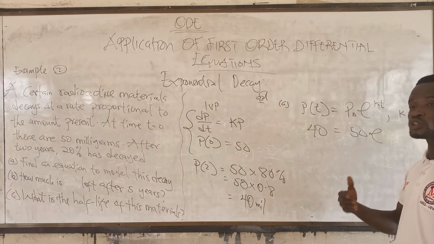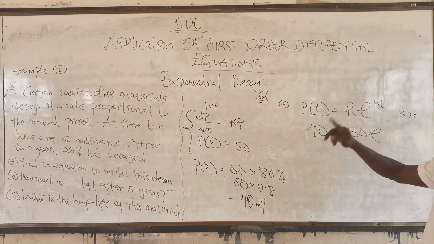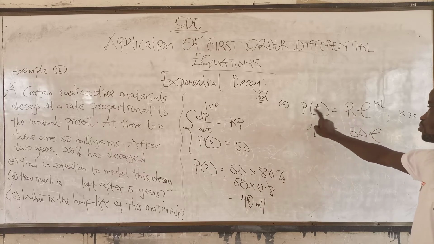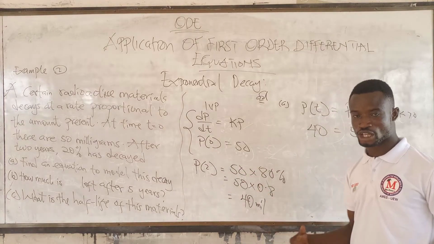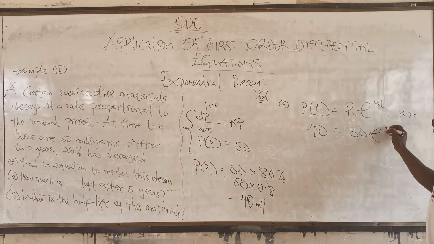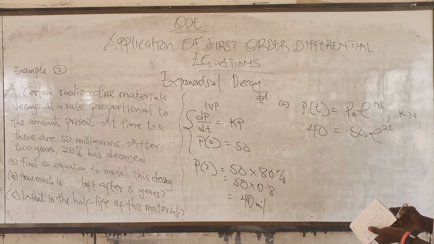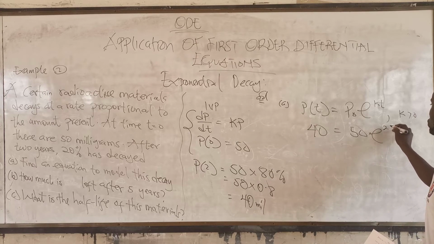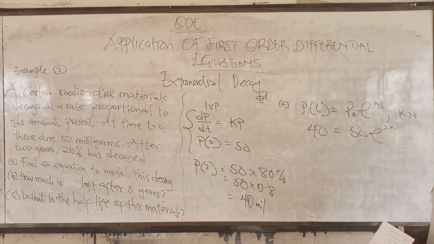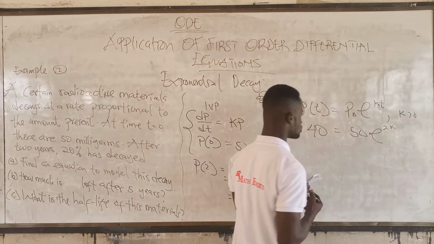And before you can get this K, you need to get P naught, P of T, and T. So here we know that T will be after 2 years. So 2T. Sorry, 2K, because we are looking for K, right? Very good.